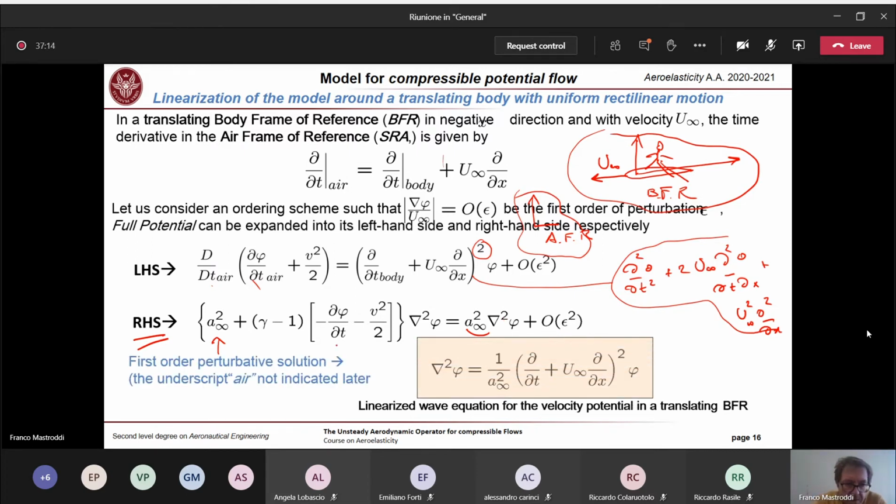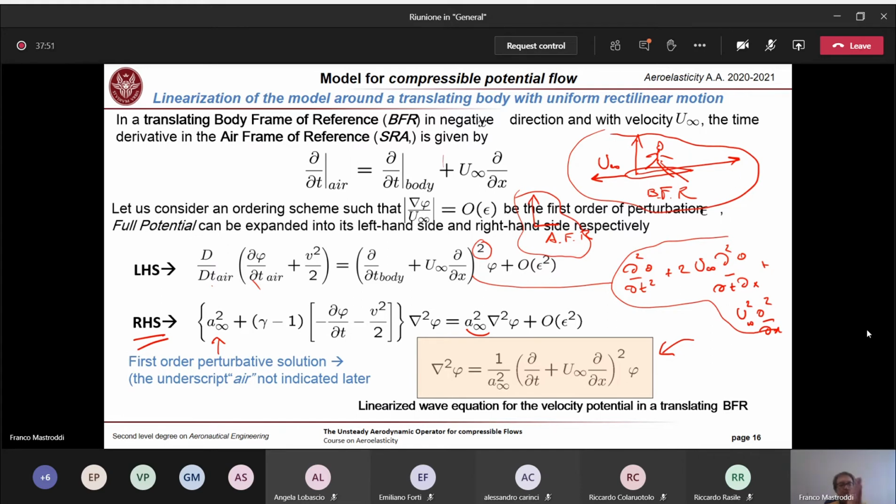And so the first order perturbative solution in our body frame of reference, intending that these time derivatives are time derivatives in the body frame of reference, is of this type. Okay, and so we have a linearized wave equation for the velocity potential in the translating body frame of reference. Okay, so we have a linearized form for our differential equation.